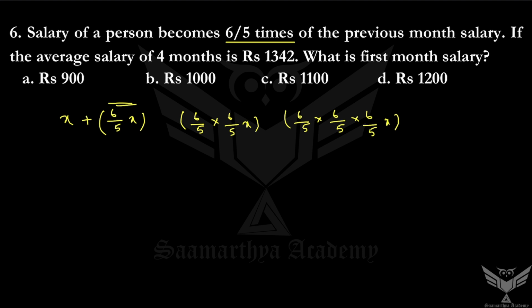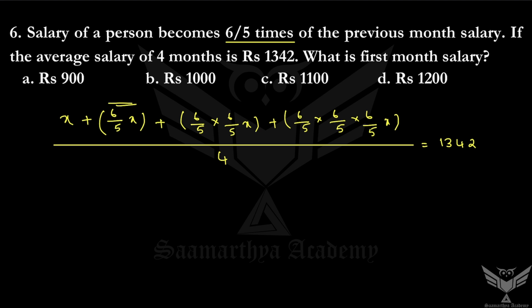Average means the sum of observations divided by the number of observations, which is 4, equals 1342. Now you can solve this by using two methods. One is LCM or converting them to decimal. Both ways are very difficult or will consume a lot of your time.